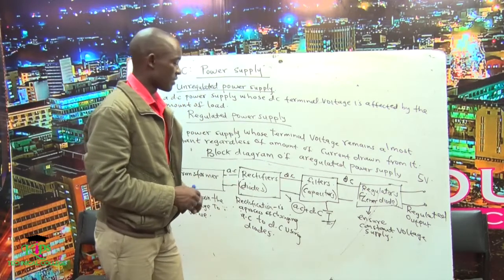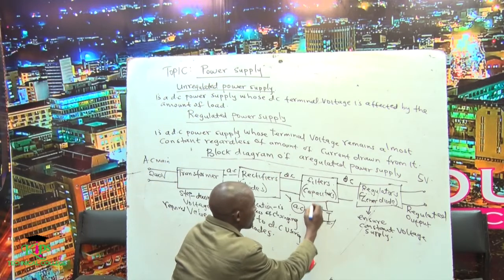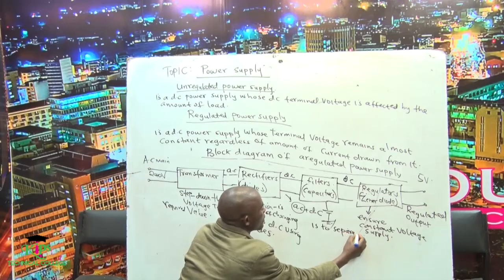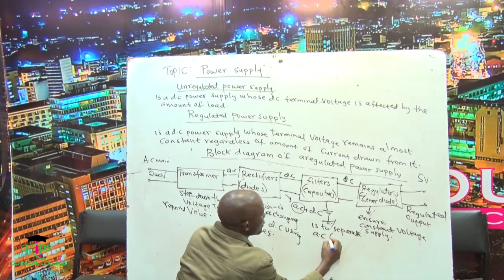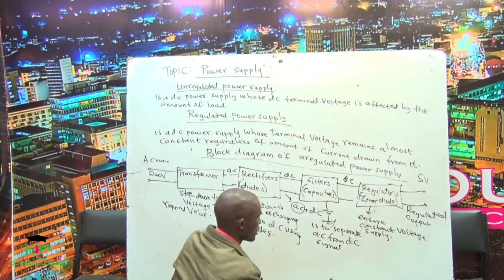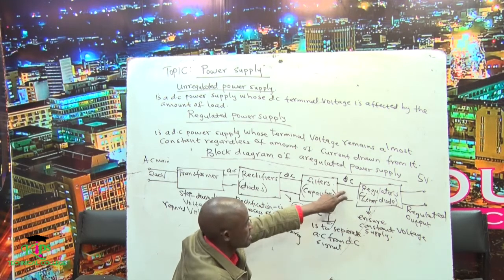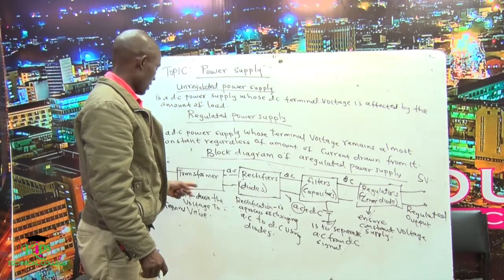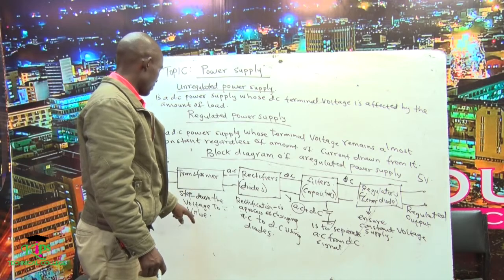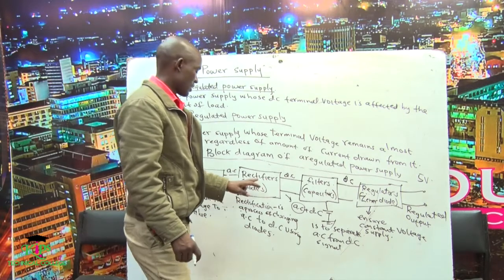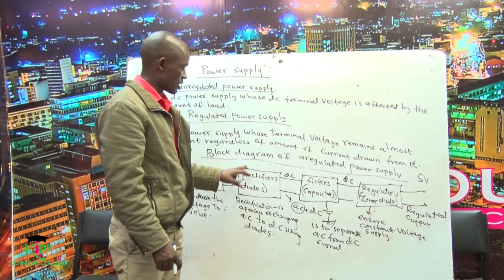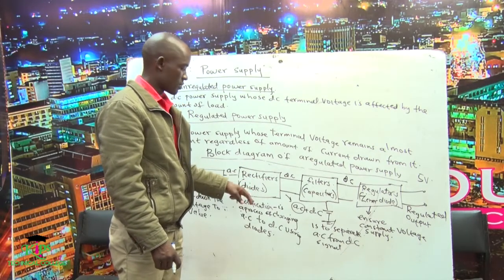So for the filters, we said the function of the filter is to separate AC from DC signal, so that whatever is reaching the output is DC. We have said the function of the transformer is to drop the voltage to the required value. Once it comes here, it is rectified, meaning we are converting the voltage from AC to DC.